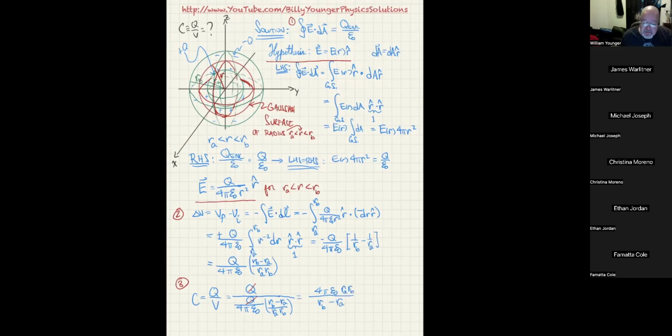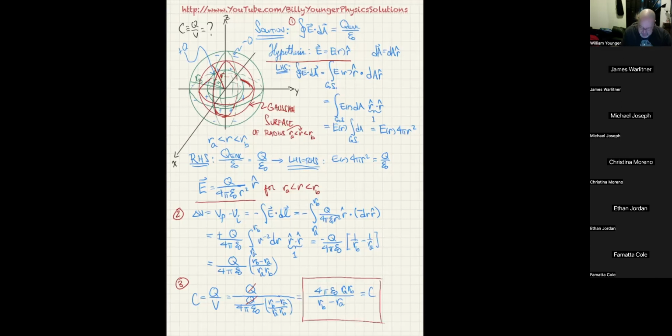That's it. Notice it does not have any units of charge or charge density or something like that. It is basically just the geometry of the actual capacitor. So I'm going to say this is equal to the capacitance of the spherical capacitor shells, and I am going to box it off like this.